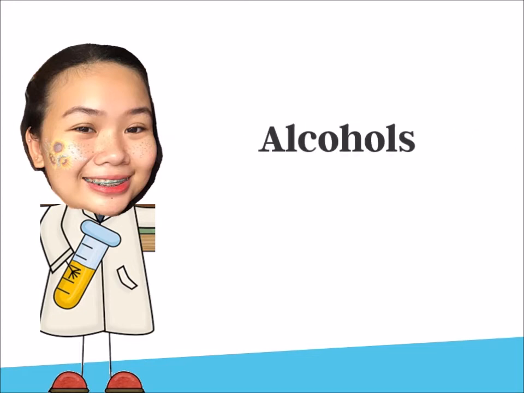We have alcohols, which contain the OH or hydroxyl group. And when these alcohols are dehydrogenated, we get a dehydrogenated alcohol, or we know it better as aldehyde.